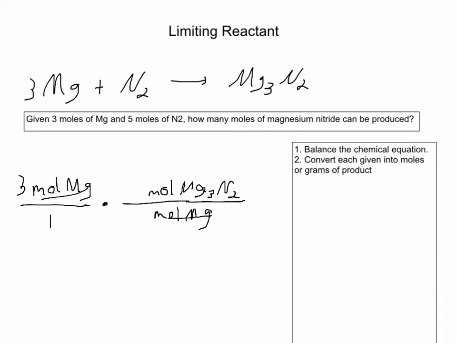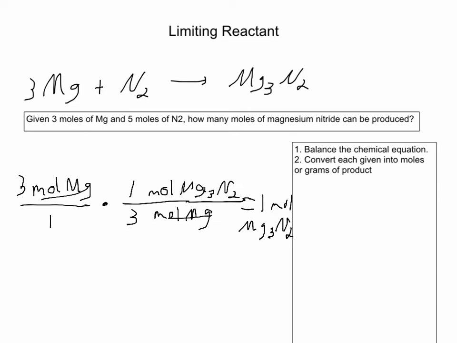Units cancel, we're left with moles of magnesium nitride, and the ratio is 3 magnesiums to 1 magnesium nitride. Solve that, and you get 1 mole of magnesium nitride. So starting with 3 moles of magnesium, we get 1 mole of magnesium nitride.